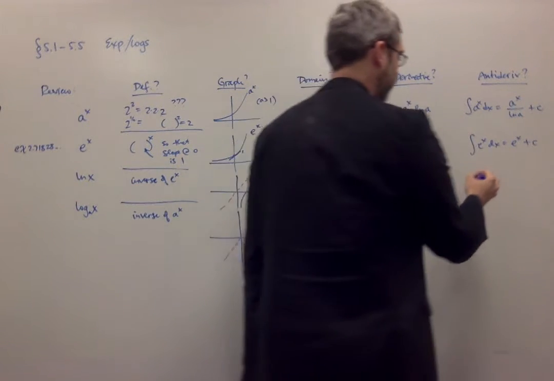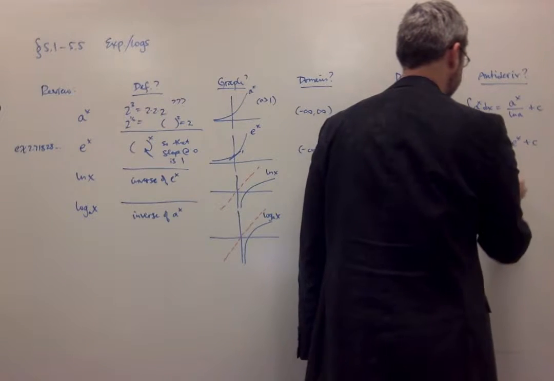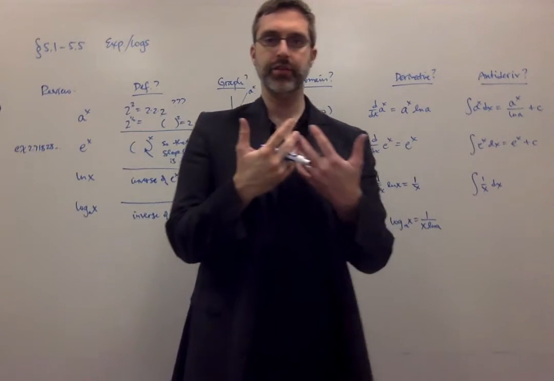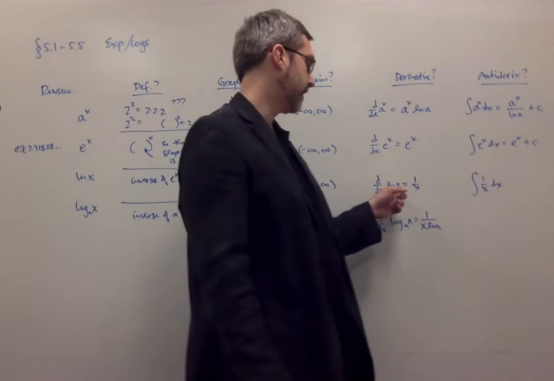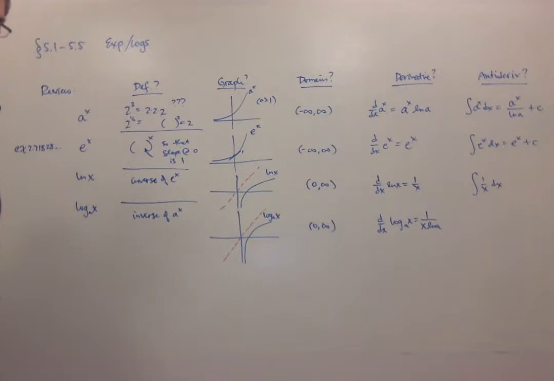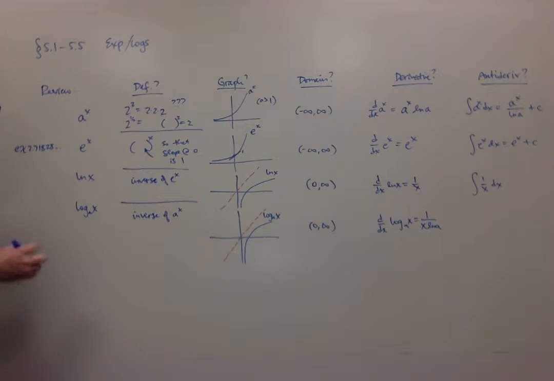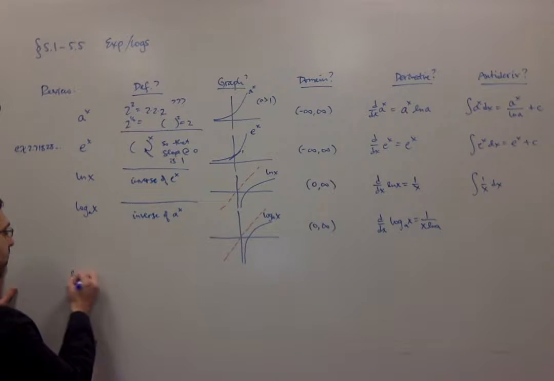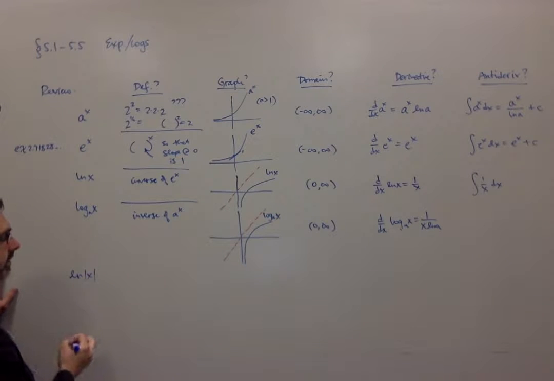Now for the antiderivative of 1 over x, the thing that perturbed us about this was that 1 over x actually has a domain of everything except 0, but that's not the domain of natural log. So then what we did was we threw in a fifth function here. This is the fifth function that I warned you about, which was the natural log of the absolute value of x.